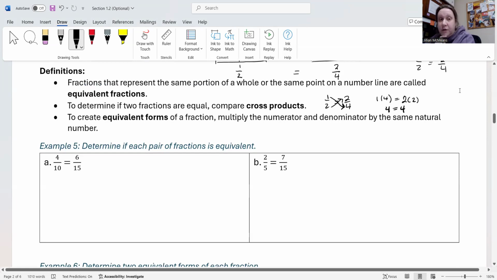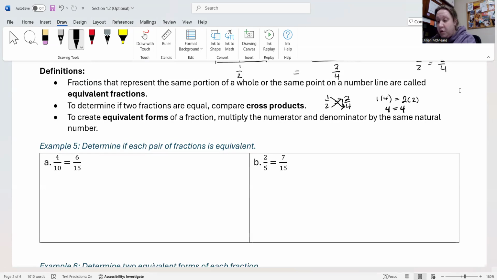So example 5 for this worksheet says determine if each pair of fractions is equivalent. Well, remember, we can cross multiply and compare cross products. So we take the first numerator and the second denominator, so 4 times 15, and we want to see, does that equal the first denominator times the second numerator? So does that equal 6 times 10?